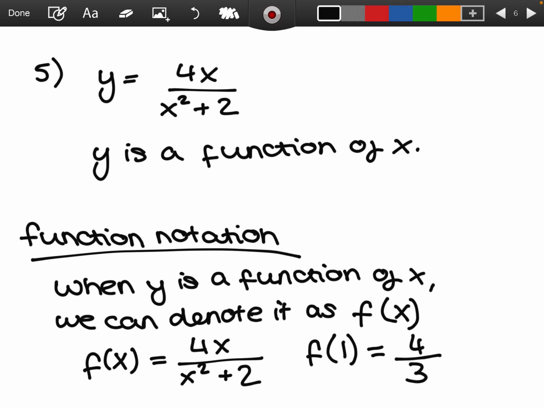So that would be what my dependent variable would equal when my independent variable equaled 1. When we actually have a value for that independent variable, we can just write it like this instead. So that tells us that 1 would be mapped to 4 over 3 by using this particular function f.